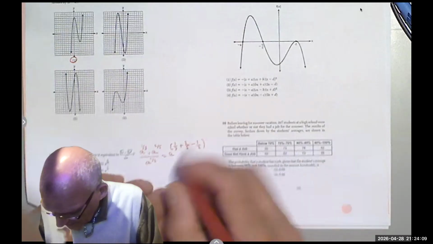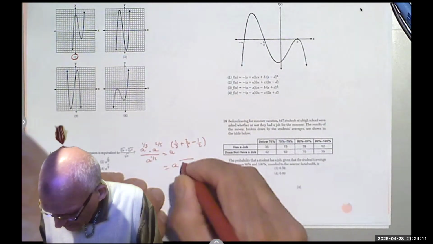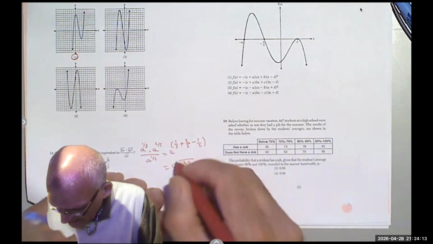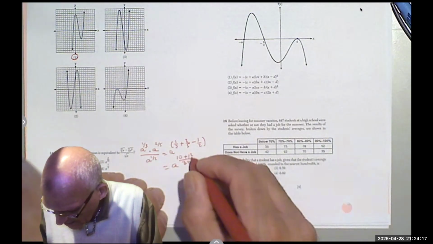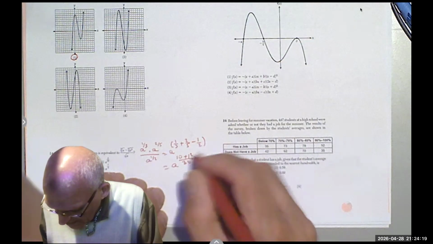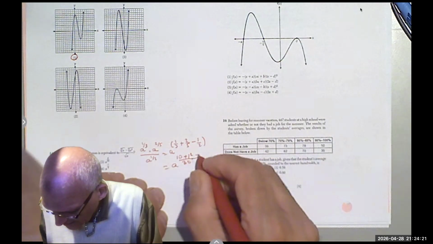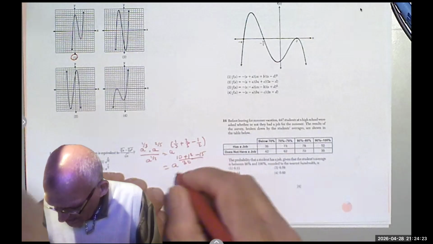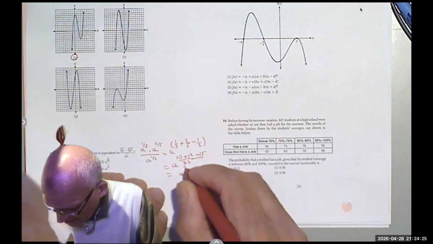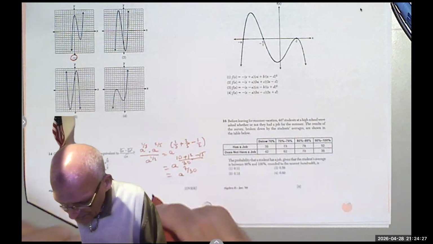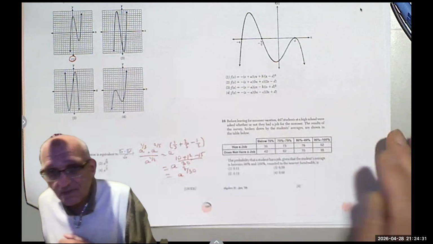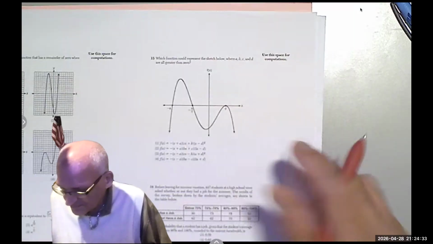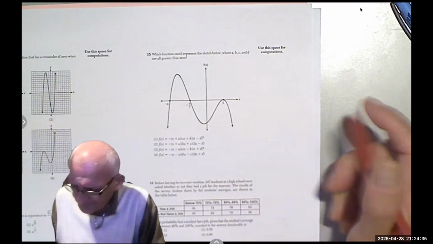Common denominator of 30. 1/3 becomes 10, 2/5 becomes 12, 1/2 becomes 15. 22 minus 15 is 7. So a raised to the power of 7 over 30, which is choice 2. Again, very simple calculation of subtraction.